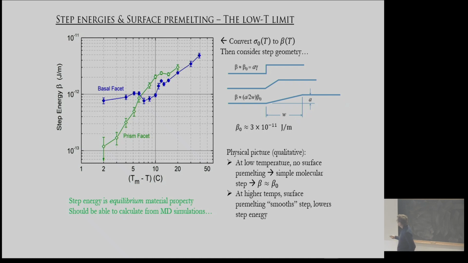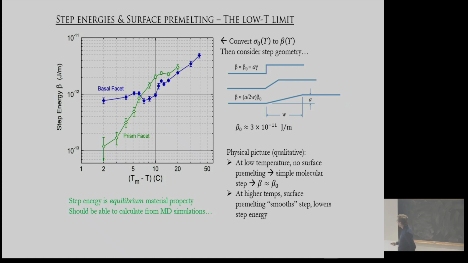And so the idea is that as you increase the temperature, this just very simple picture, no real physics behind this, the surface structure changes, and that step gets smeared out. It just smooshes out with surface pre-melting in some way we don't understand. Okay, so that kind of makes sense. I mean, it could explain it. It's not a model. It's just trying to show that it's not crazy that it would do this.